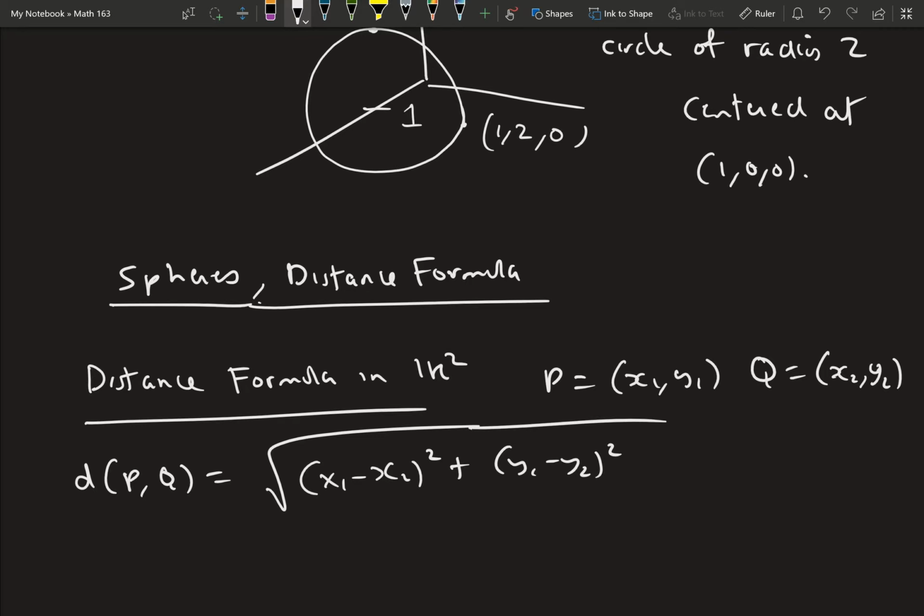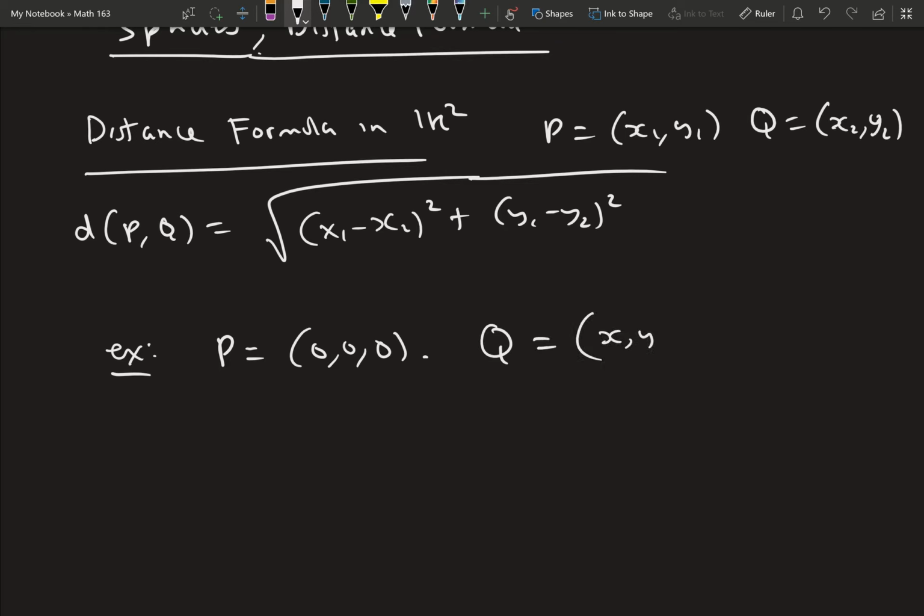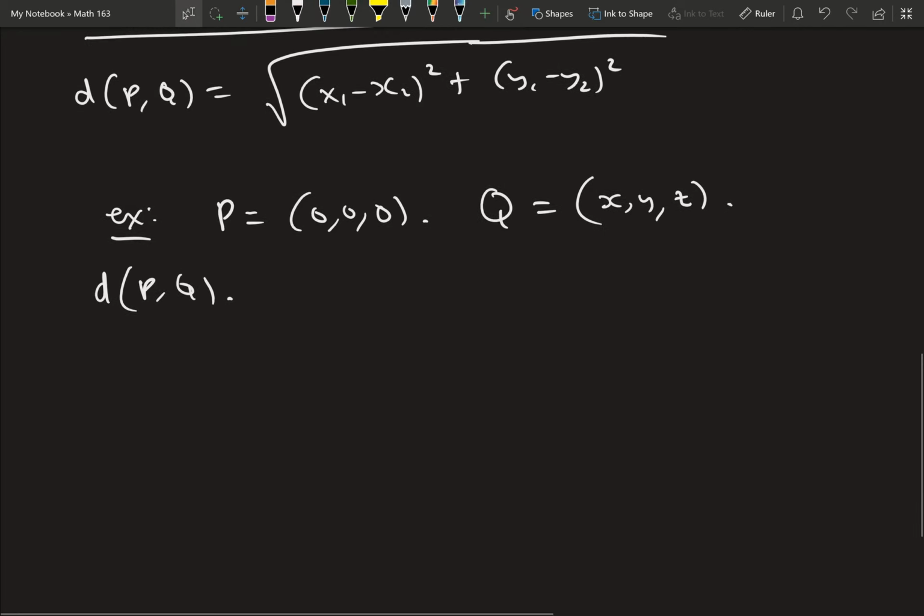And this distance formula easily generalizes to the following formula. Let's start with this example actually. Let's take P to just be the origin and Q to be x, y, z. Let's find the distance from this P to this Q, and that'll generalize the formula fairly easily.